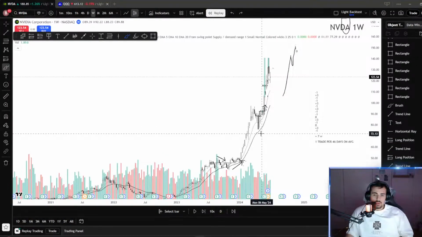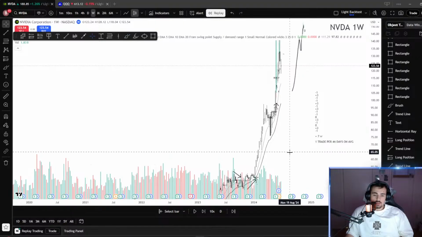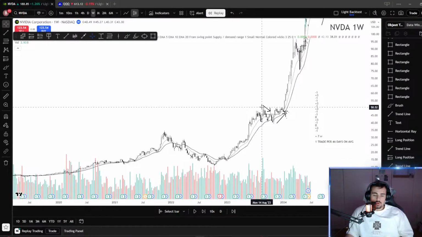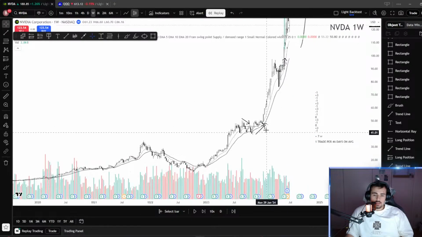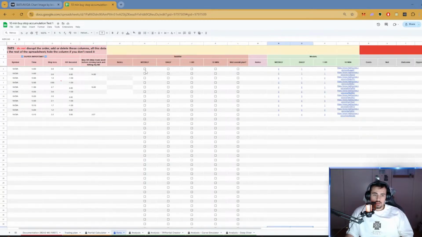So this would mean my trade rule is met for all of these trades here because price has pushed forward. It kind of goes sideways, a bit dips down a little bit, and then breaks back upwards and is in clear accumulation. So for these trades here, I can actually check off all the weeklies to be met.